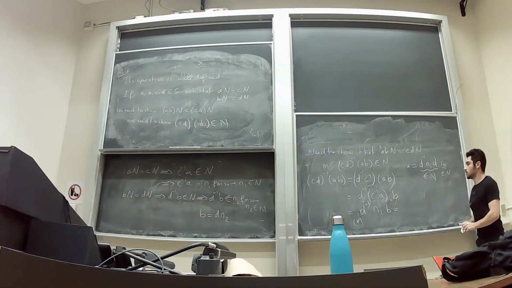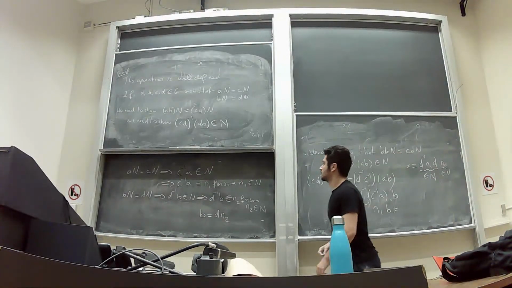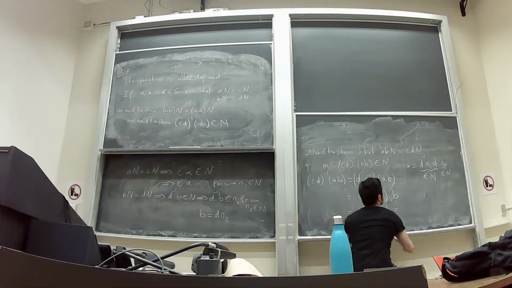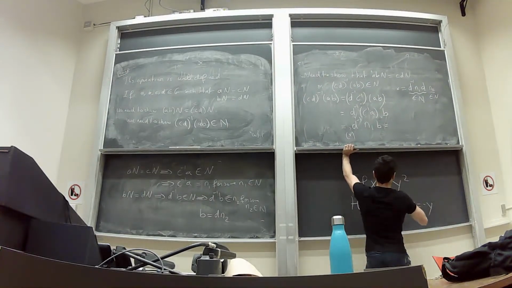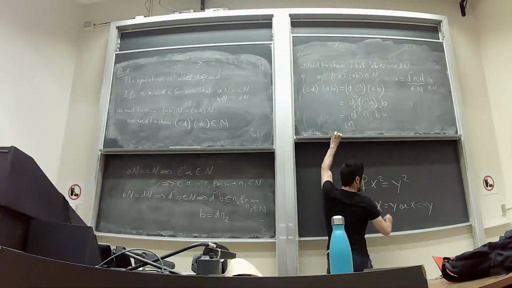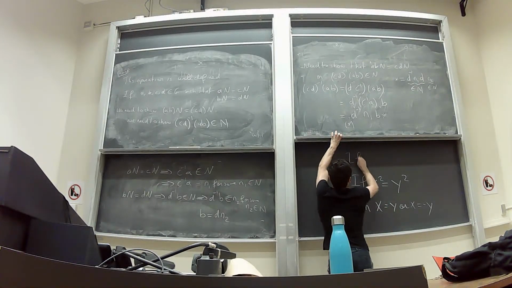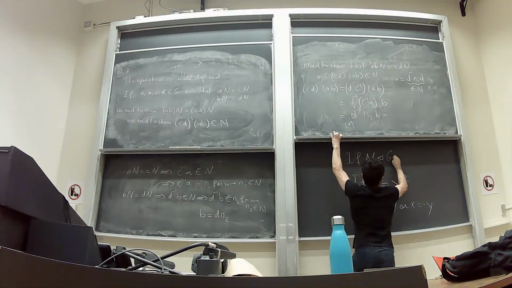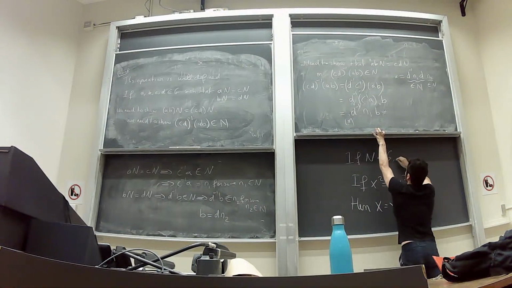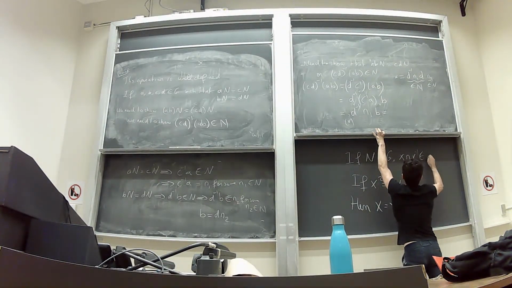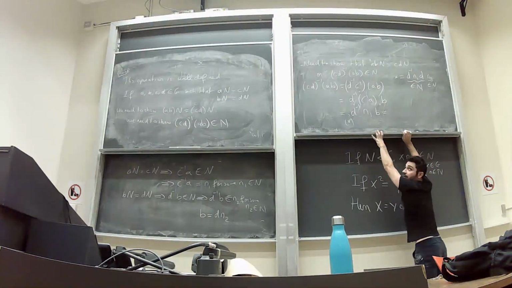Okay, so if N is normal in G, then that's why I want x n x inverse to belong to N for all x in G and n in N, right?